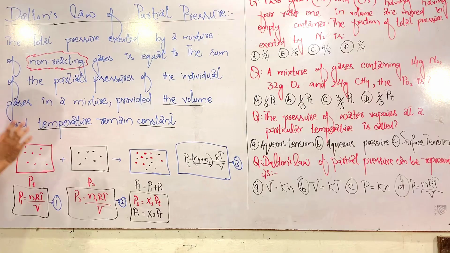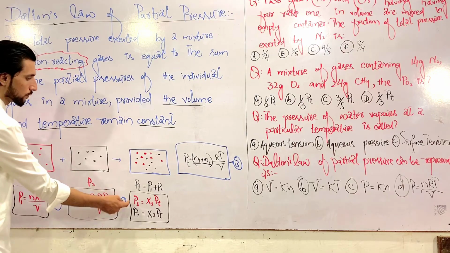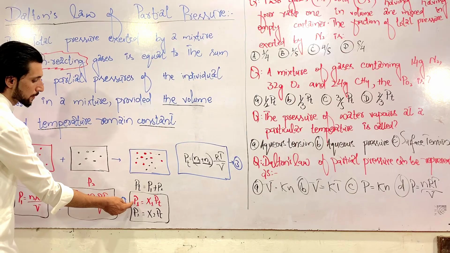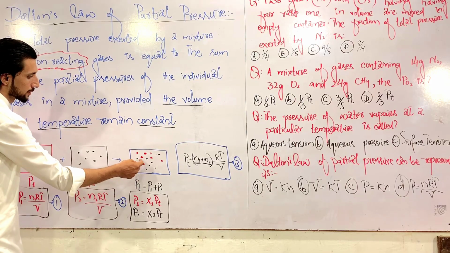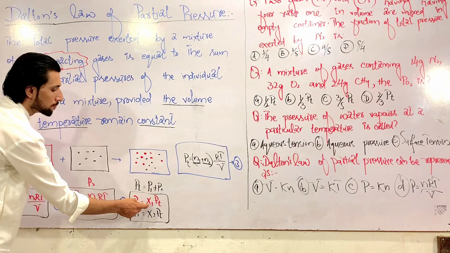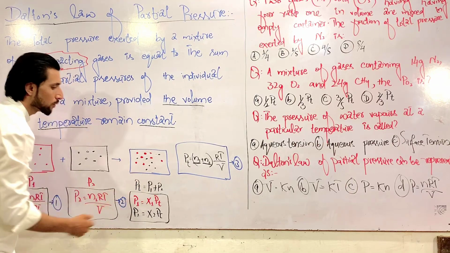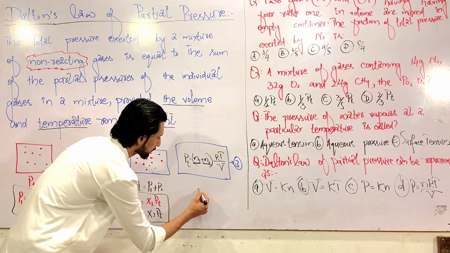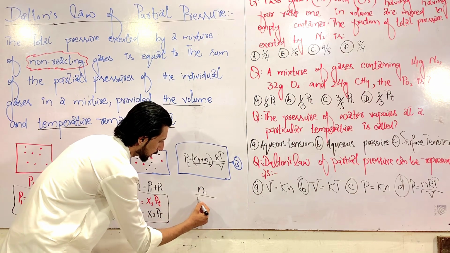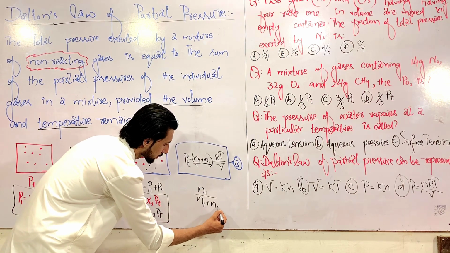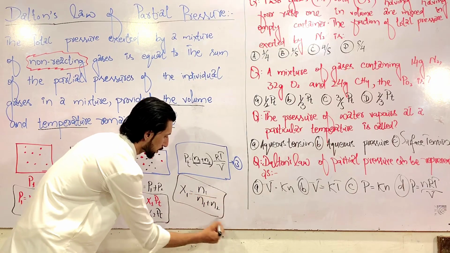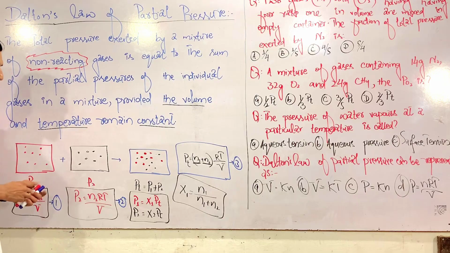So if I want to find the pressure with respect to the total pressure, the pressure of gas 1 here, the red, would be equal to the mole fraction. What is mole fraction? That is equal to the number of moles of gas 1 divided by the total number of moles. So this is the mole fraction for gas 1, and the same goes for gas 2.